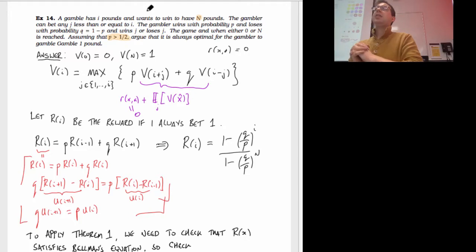Now, let's think about it the other way round. Let's suppose that the odds are against you. Let's suppose that your chance of winning, p, here, is less than a half. What do you think might happen then? What do you think the optimal policy would be?